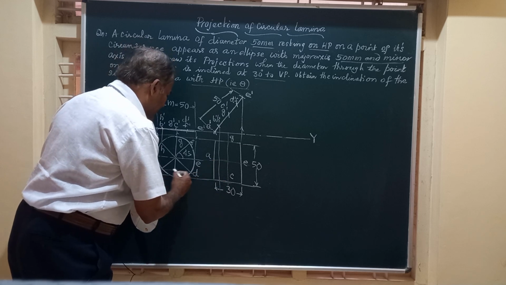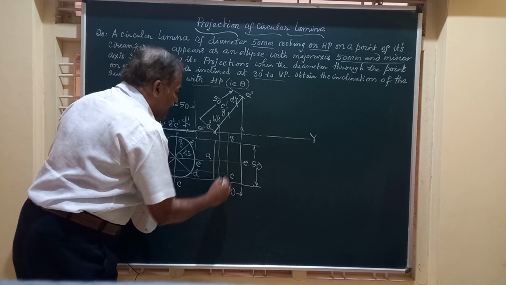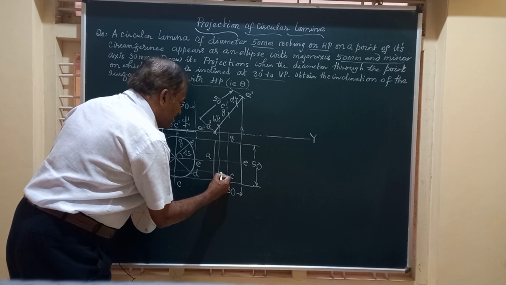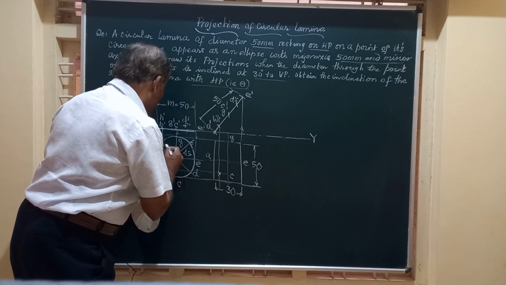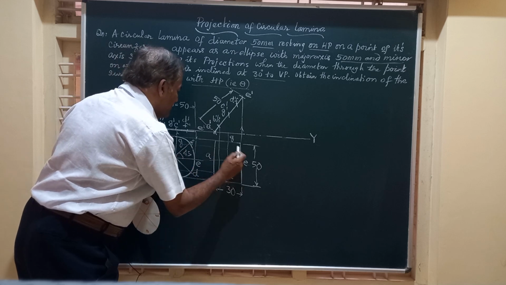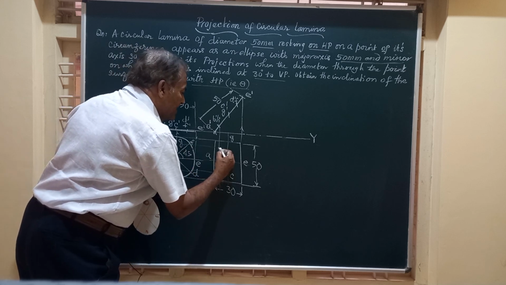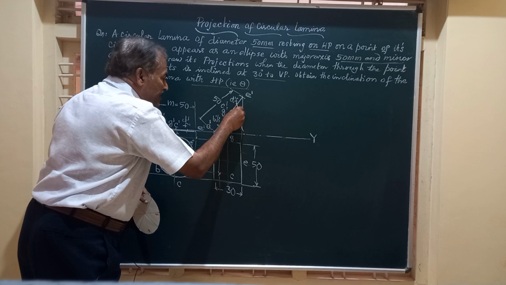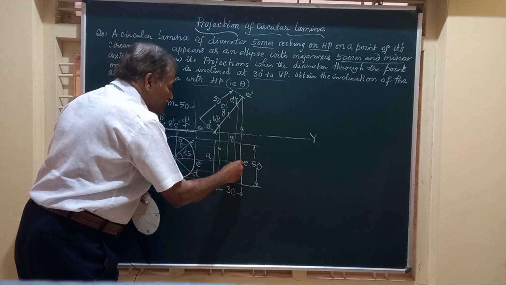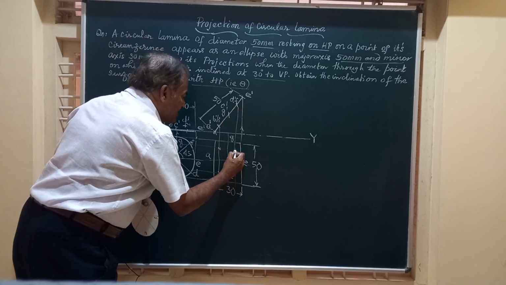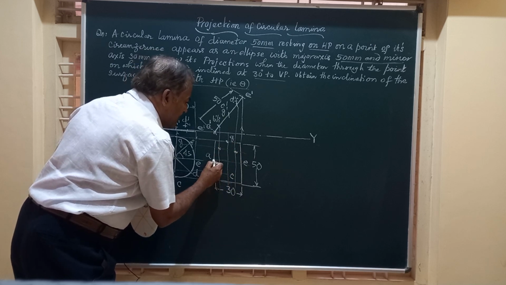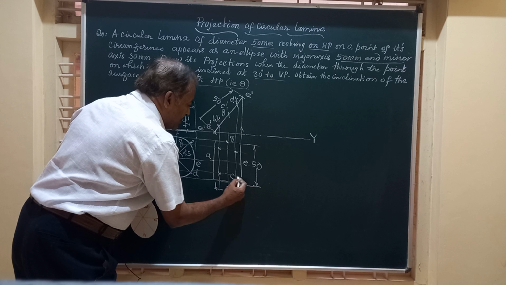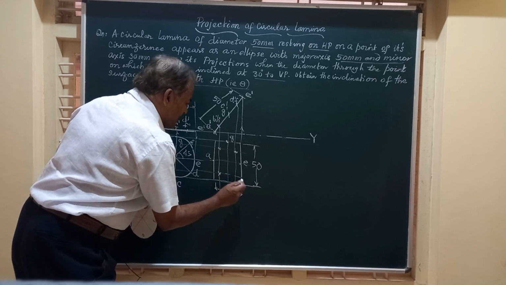A horizontal line from B, a vertical line from B. The point where those two intersect is going to be point B. Similarly, you are going to get H here. Exactly on the other side, when you draw a vertical from here, you will get the other point. So here you get a point, here a point, again on the extension of this, you will get a point.